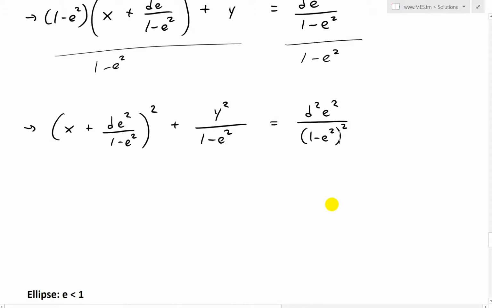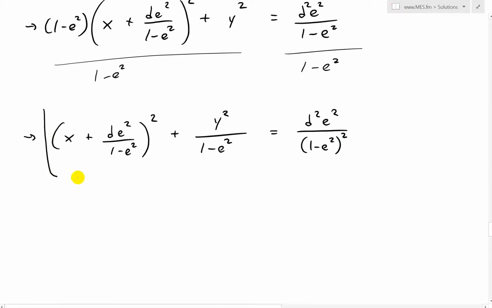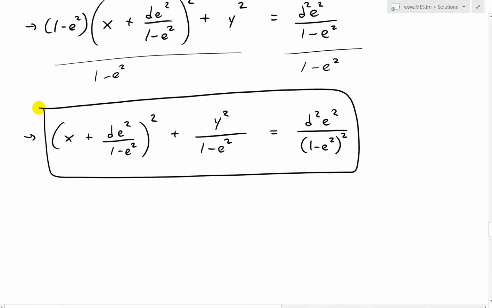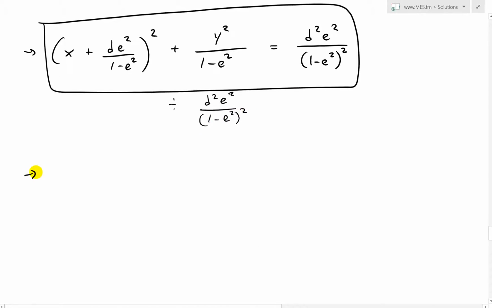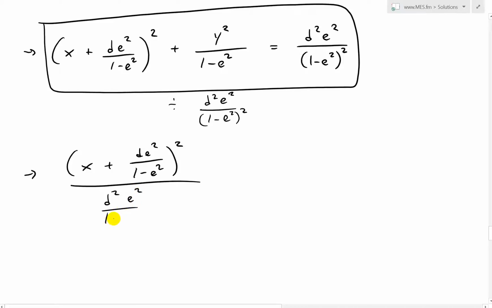So now that we have this, finally what I'm going to do is, well, my calculus book stops here and does some other stuff, but I'm going to divide everything again. Divide both sides by the right side here, so d squared e squared over 1 minus e squared, so that what we end up having is a formula that looks like this: x plus d e squared over 1 minus e squared, over d squared e squared over 1 minus e squared, all squared, like that, plus y squared.